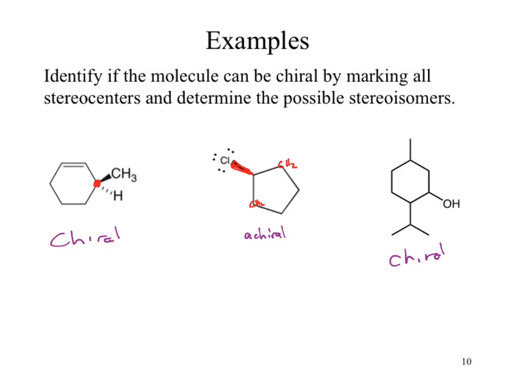No. So we move one atom further away. Is there a difference between CH2 and CH2? No. We now meet at the exact same point. Can a point be different from the point? No. Which means, are the CH2s different from each other? No. How many different groups do we have around that carbon? Only 3. So we haven't satisfied our limit. On the last one, how many chiral atoms? 2. Everybody agree?